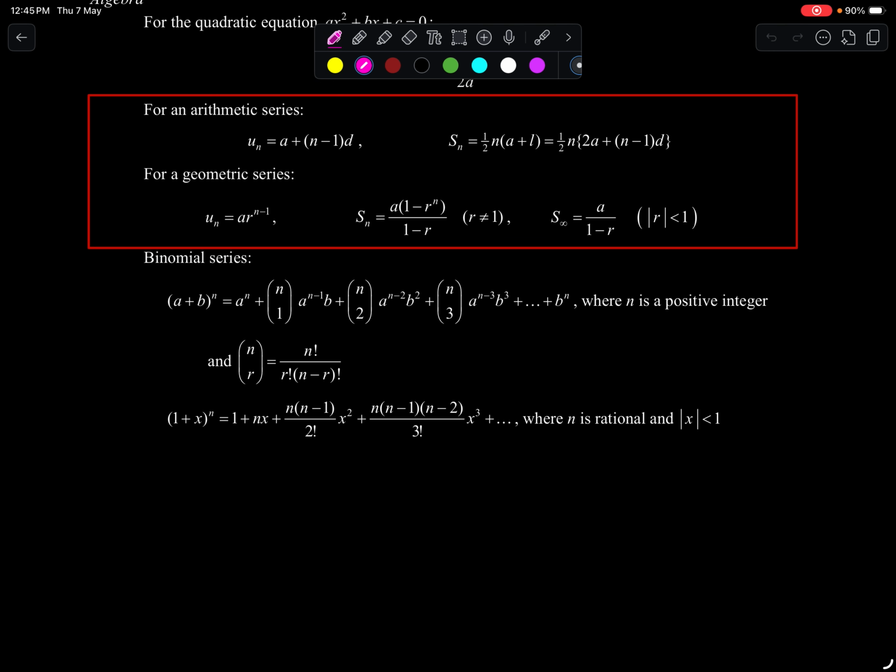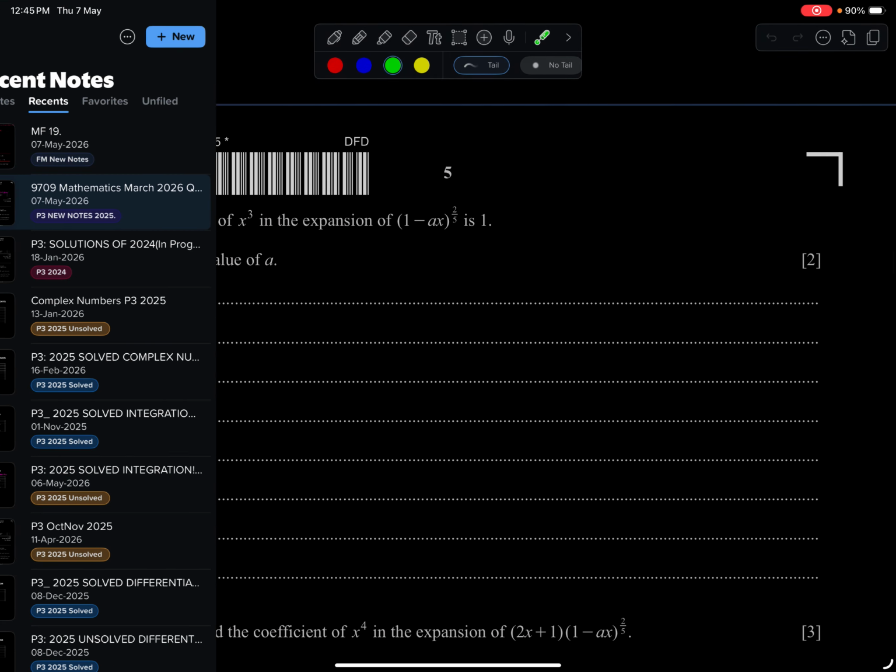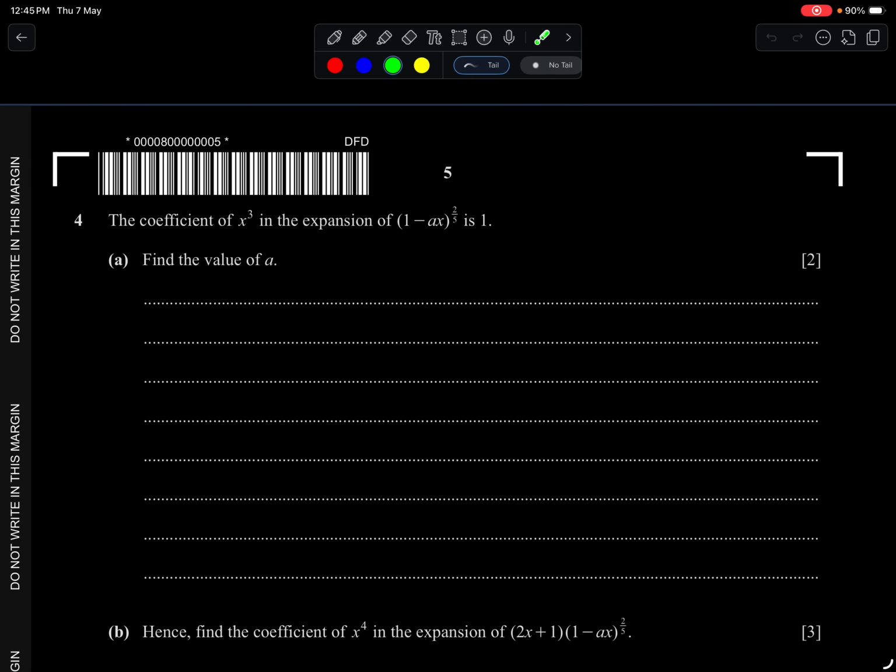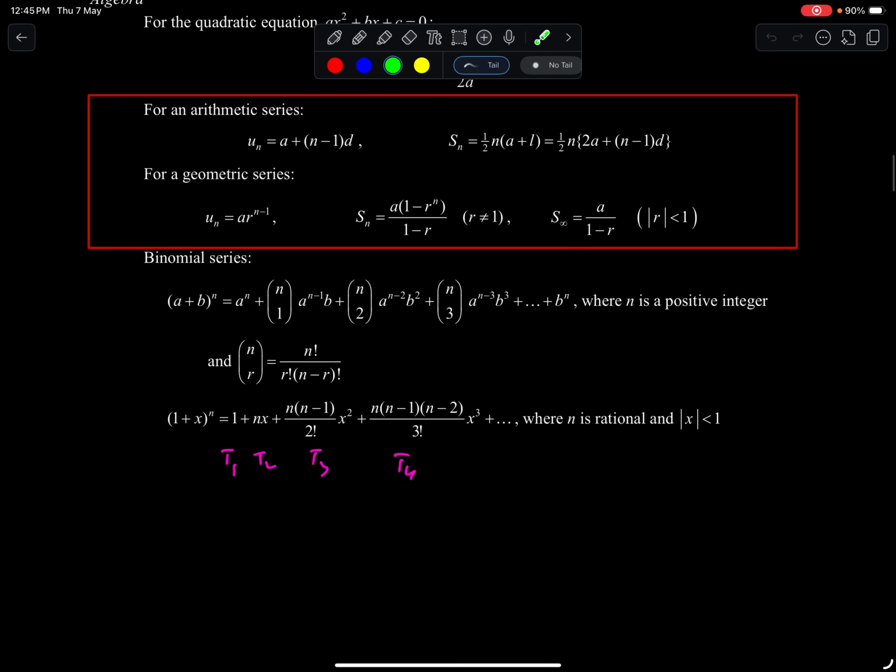This is the first term, this is the second term, this is the third term, this is the fourth term. In the third term we have a square here, in the fourth term a cube here. And this is the structure. This is the formula for the fourth term: n, n minus 1, n minus 2, 3 factorial, x cube. This is the formula for the third term. It says the coefficient of x cube, so we get the coefficient of x cube in the fourth term.